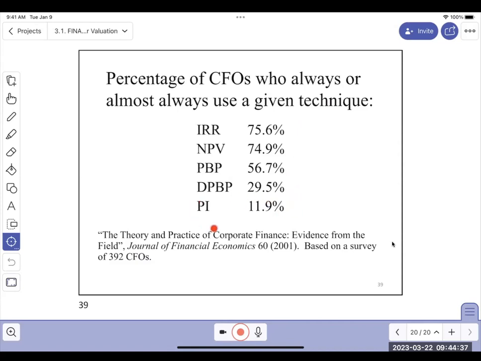And lastly is the profitability index, although it is used according to the study, and this is kind of old now. I have to check if someone's renewed the study. It looks like it's not popular relative to the others, but it is used, and this just may have to do with the only bonus is the capital rationing question, and it helps you rank alternative projects and see them immediately for how they compare, which ones are better.